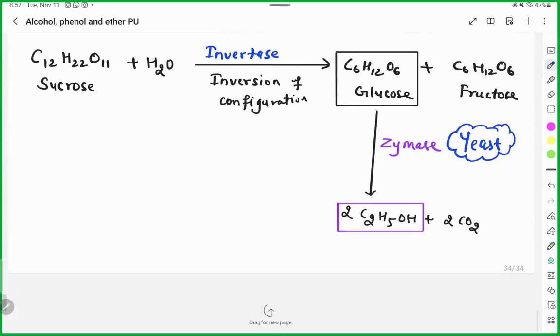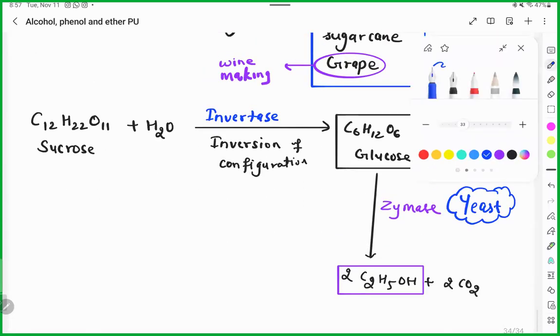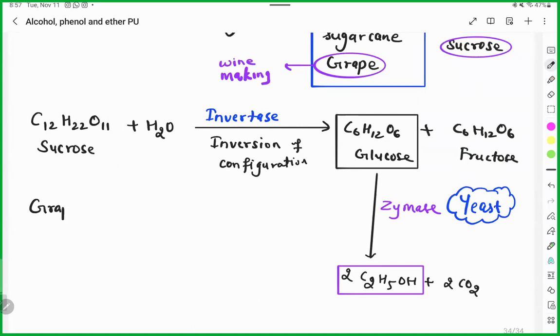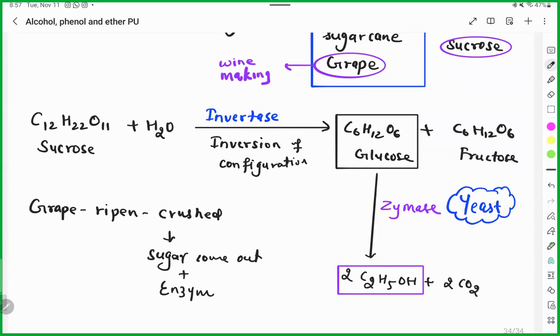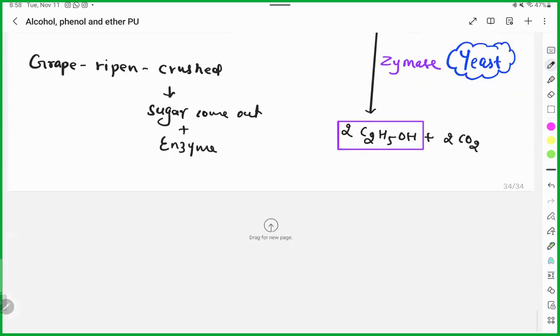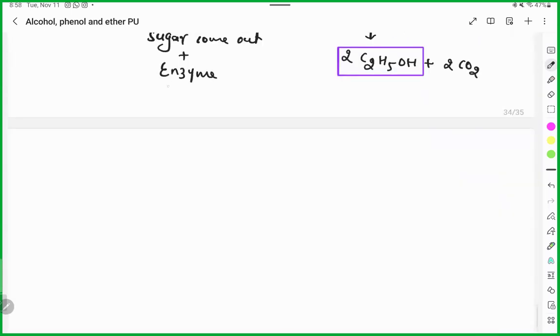And how do they interact with each other when you crush the grapes? Grapes are mature, ripened, and when you crush them, sugar will come out. That sugar will react with the enzyme, and the reaction will proceed further. Fermentation will happen because there is no oxygen involved.